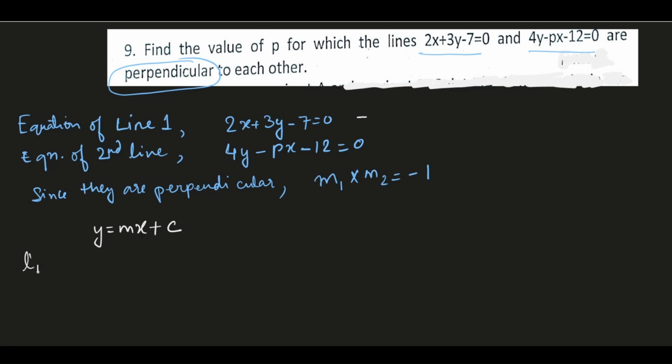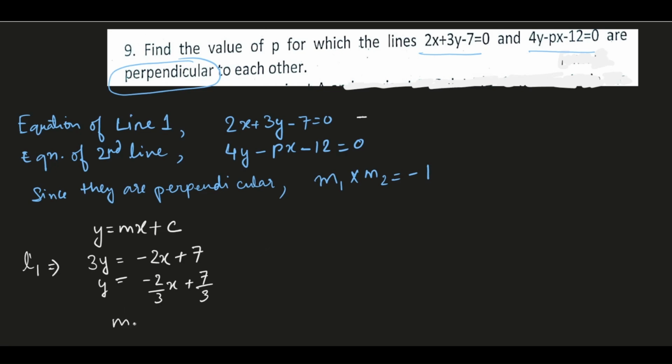So line 1: 3y remains on the left side, 2x goes to the right, minus 7 goes to the right. So this becomes minus 2x plus 7. So y will be equal to minus 2 by 3 x plus 7 by 3.